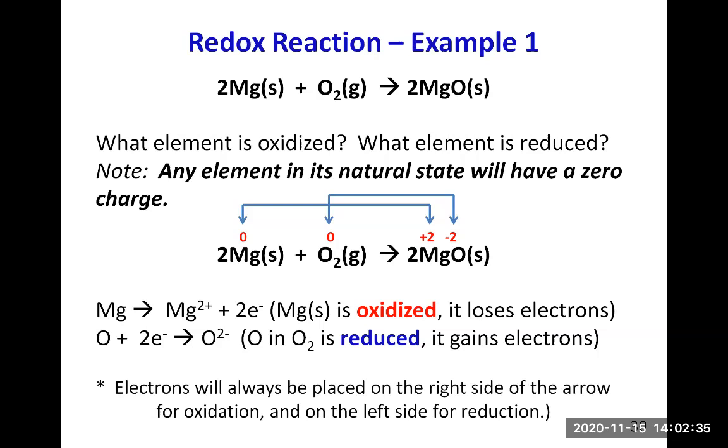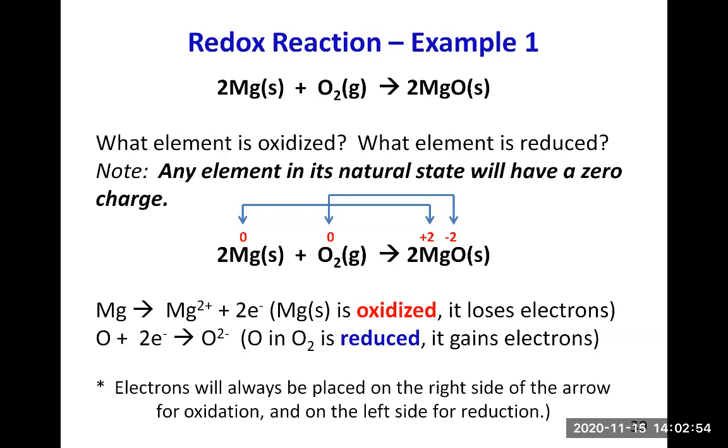So notice here when we write those half reactions for magnesium by itself and then for oxygen by itself, the electrons will be on the right side of the arrow for oxidation and on the left side of the arrow for reduction, because reduction is gain of electrons.